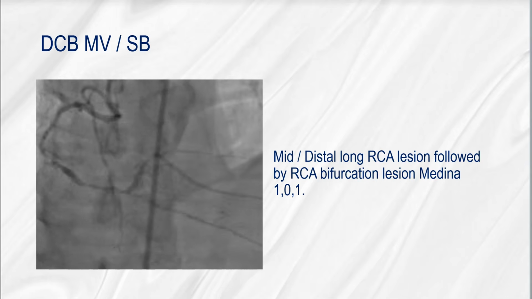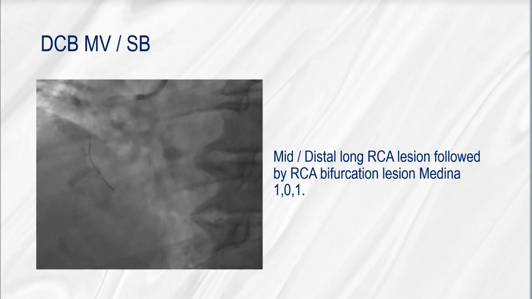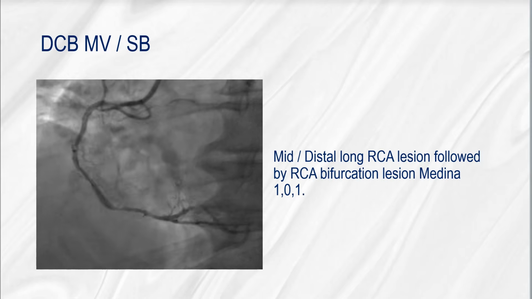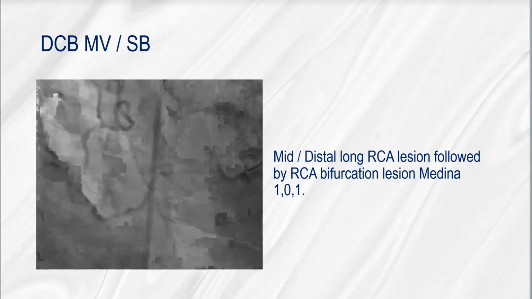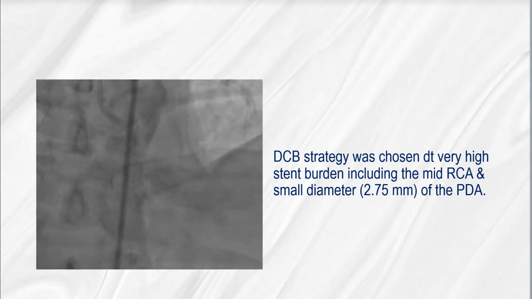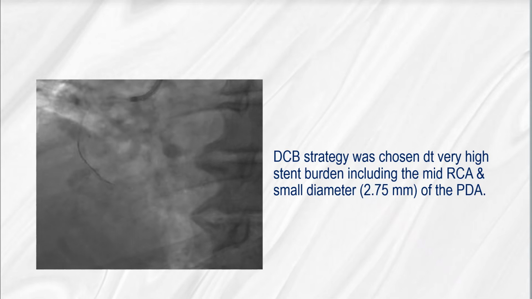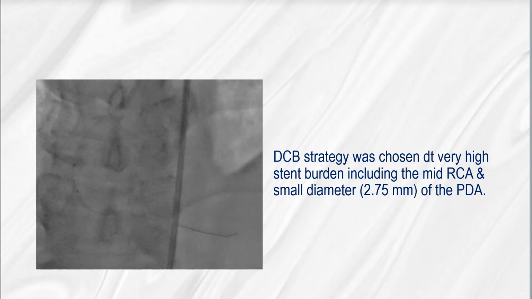In the second case, there is a mid-distal long RCA lesion followed by an RCA bifurcation lesion, Medina 101. Drug-coated balloon strategy was chosen due to very high stent burden, including the mid-RCA, and small diameter, 2.75 mm, of the PDA.